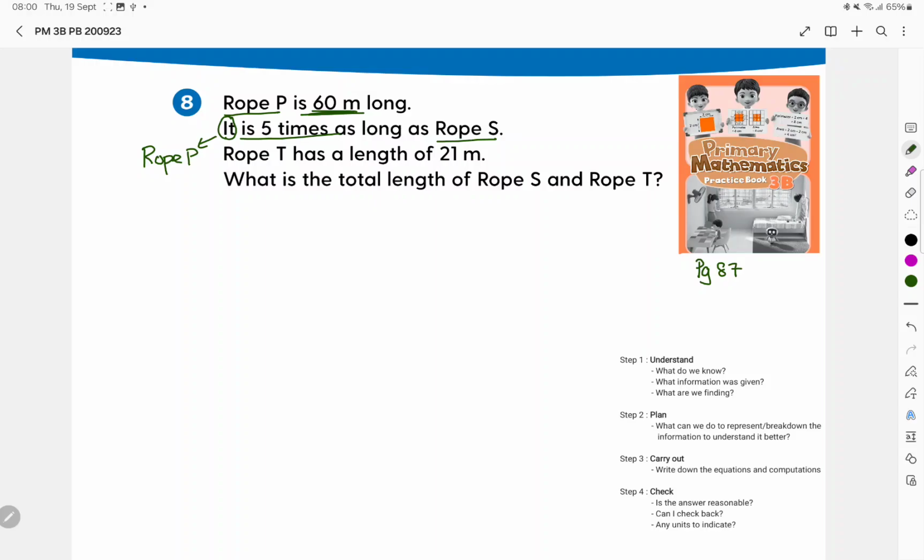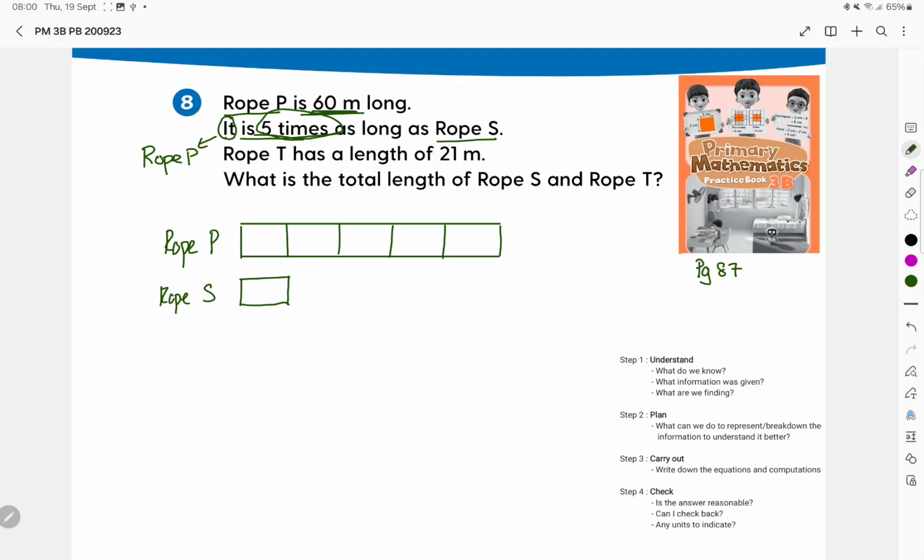So understanding the meaning of 5 times. Okay, 5 times would mean that if you're able to draw a model representing 5 units, this will be rope P. Five times would mean that rope P will be 5 units and rope S would be 1 unit.